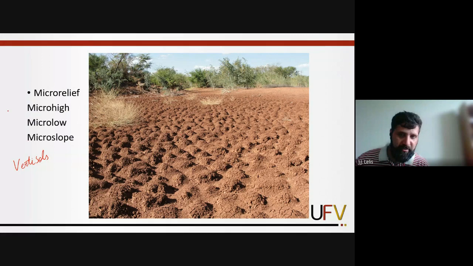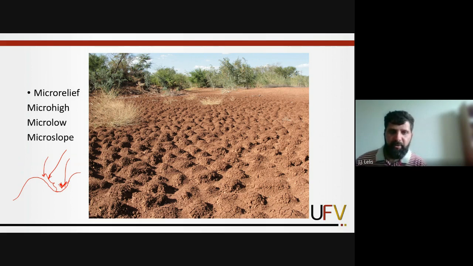And of course, we have micro high areas, the top of this relief. We have the micro low areas, the valley, the depression formed by the shrink and swell process, and we have the micro slope, this continuous area that connects the micro high and the micro low of the micro relief.